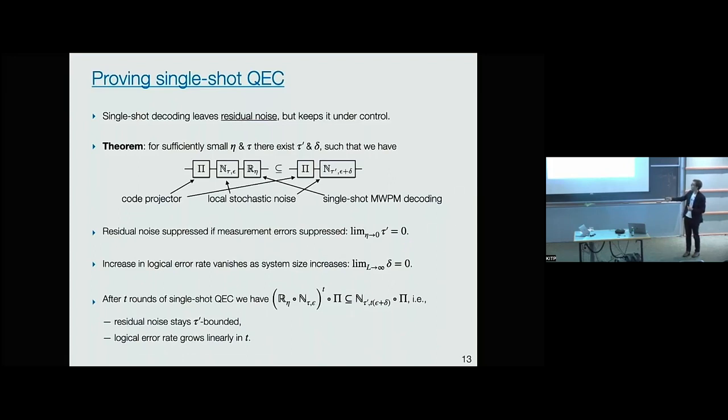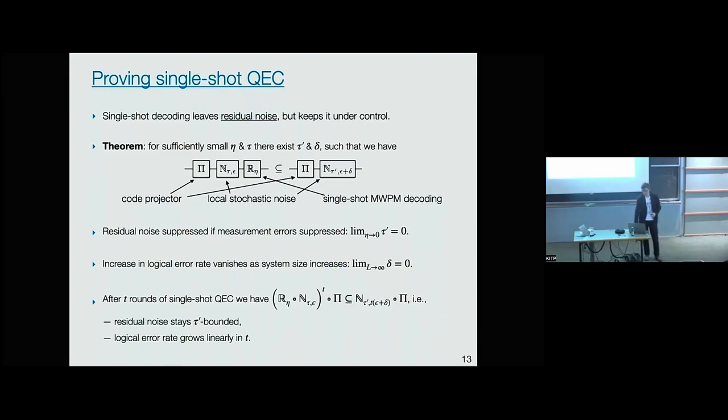And a non-trivial statement is that the logical error rate grows only linearly in t. Because at each point, there is some chance that the noise implements a logical error, but our decoding suppresses the residual noise. It does not accumulate in any way that is not benign. It just accumulates in this slow fashion, linearly with the number of rounds of quantum error correction that we implement.